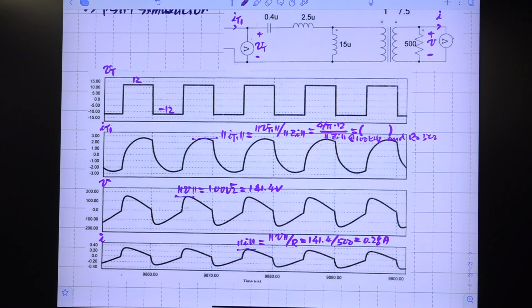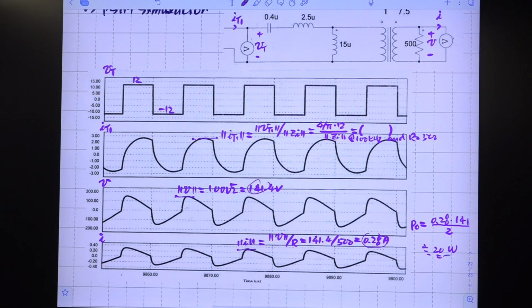Right? And the maximum power at this point, you multiply this one with this one, and they are peak values, so you need this factor of 2, which is about 21.